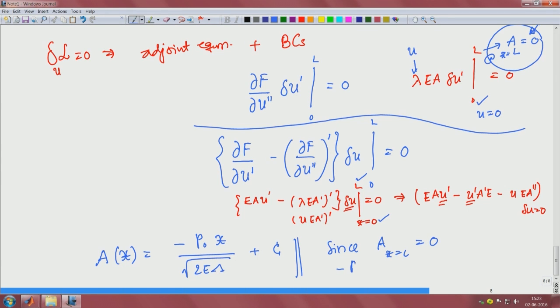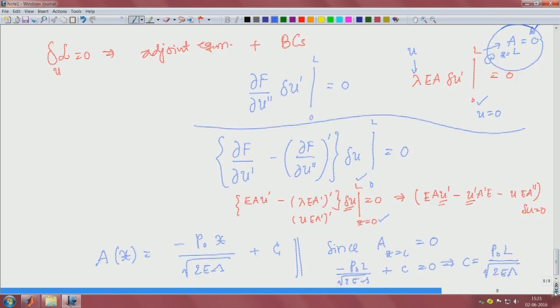Then it will be P naught L by square root of 2 E lambda plus C equal to 0, that will be C. So that gives us C equal to P naught L by square root of 2 E lambda.